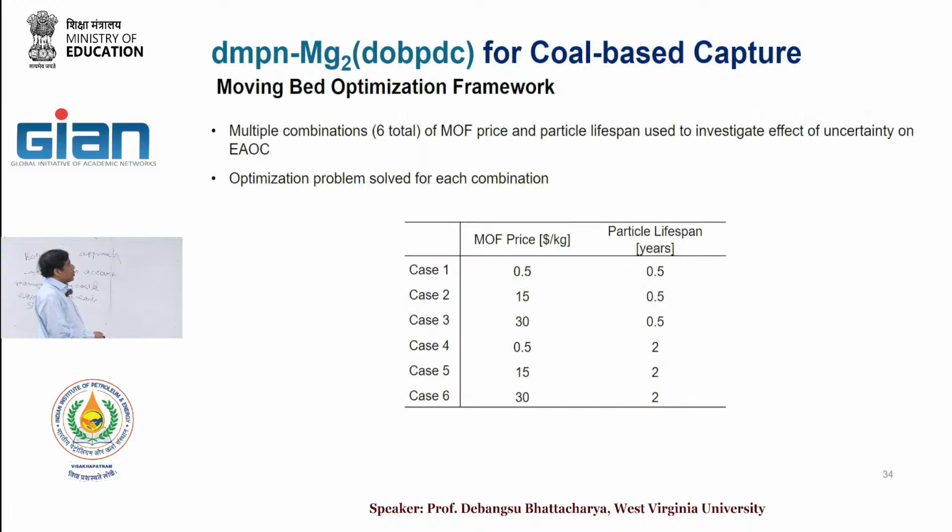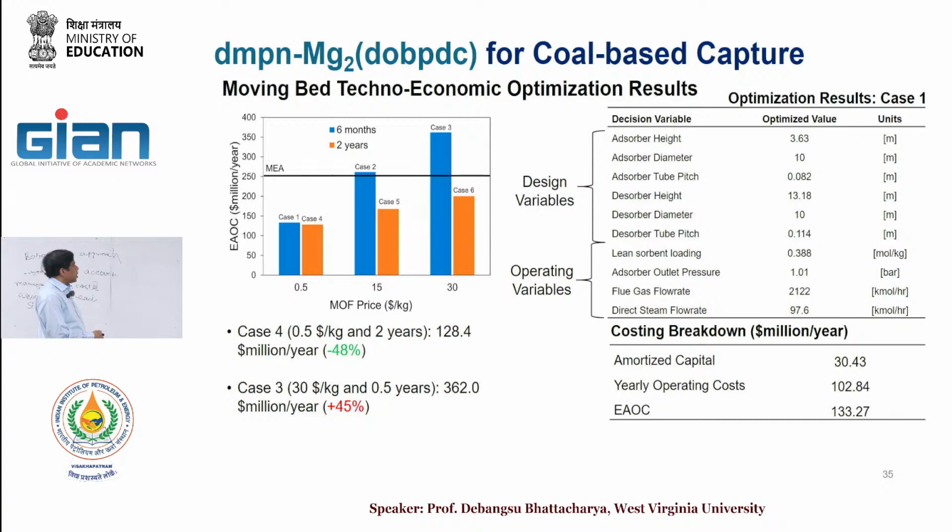You see case 1 and case 4, right? If you look into case 1 and case 4, this is $0.50 per kg, right? Obviously, this will be the best option that you can consider here.